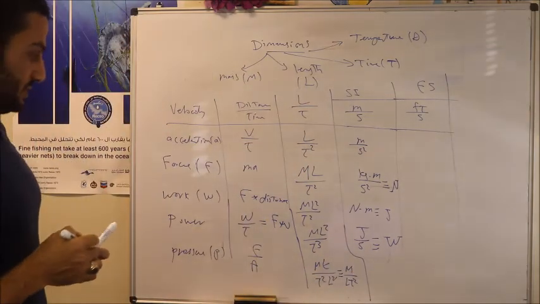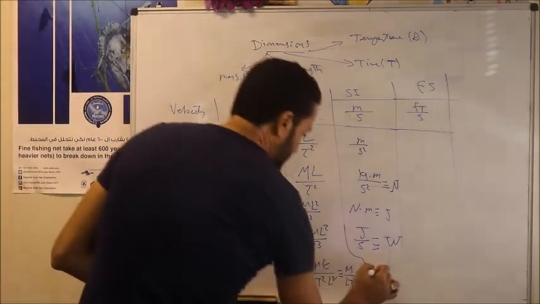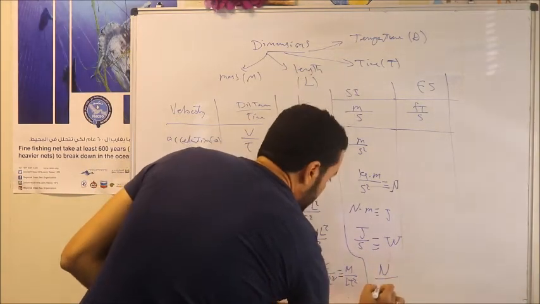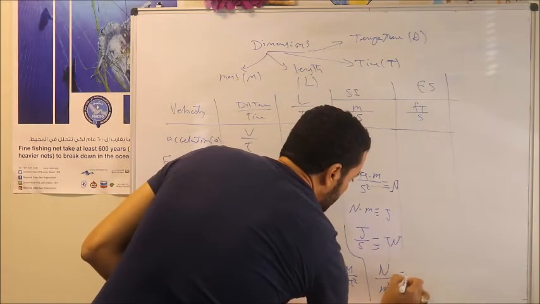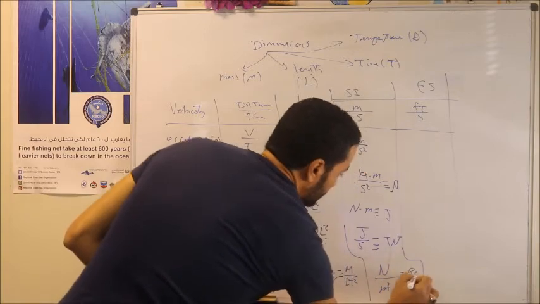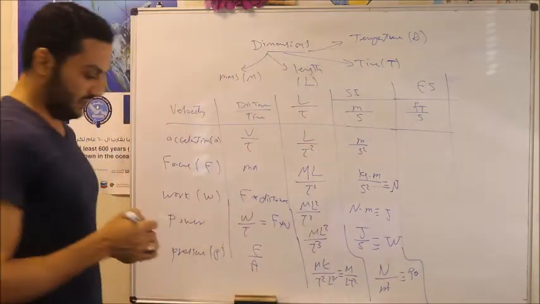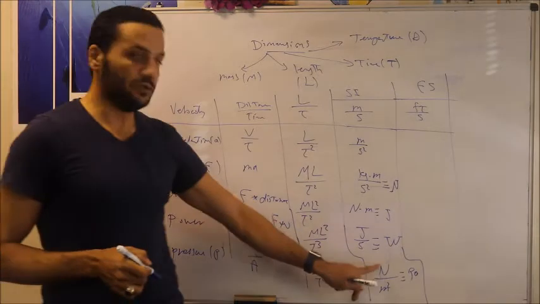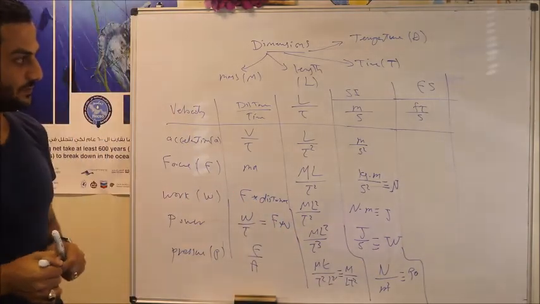And for the unit of the pressure in this case, force is calculated in Newton, and the area in meter square. Newton per meter square is equivalent to Pascal. So we have 1 Pascal is equal to 1 Newton per meter square.